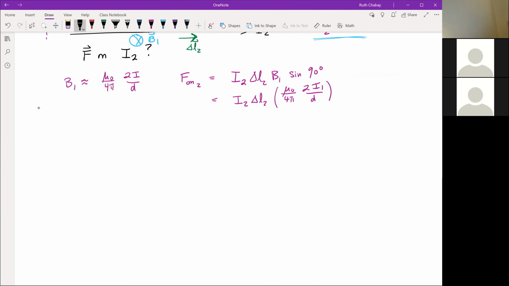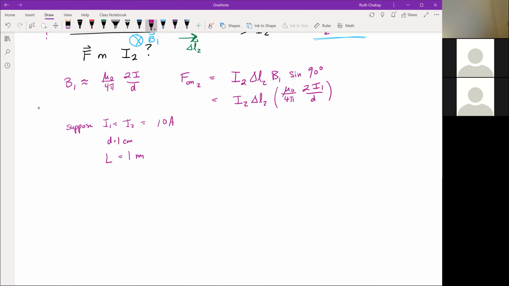So suppose, just to get a number, I1 and I2 are 10 amps, D is 1 centimeter. The length of these wires, each one is 1 meter long.